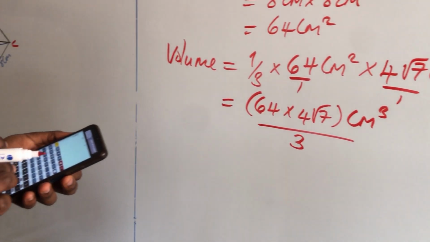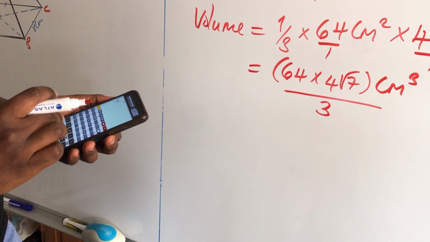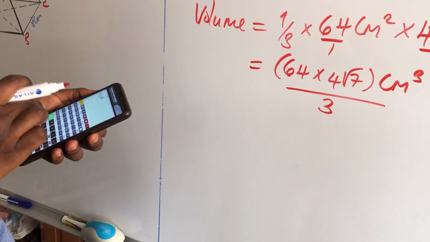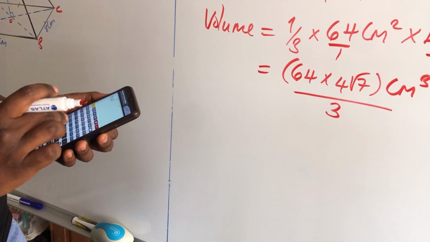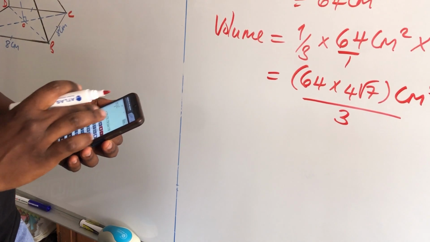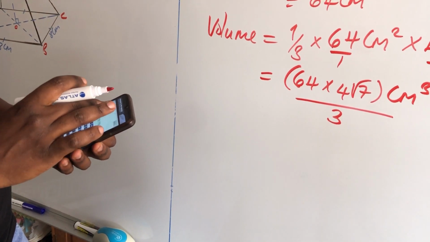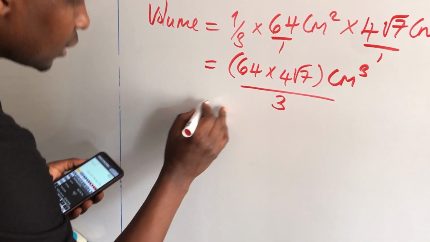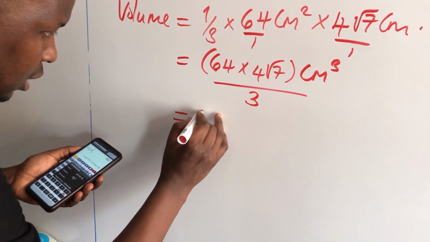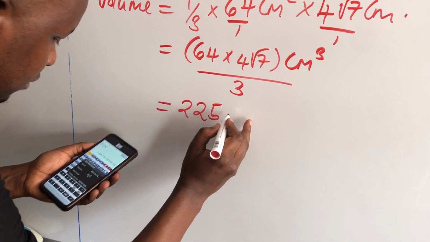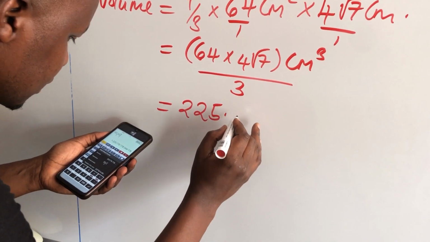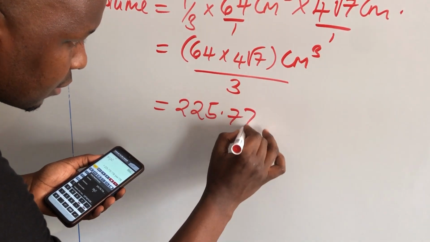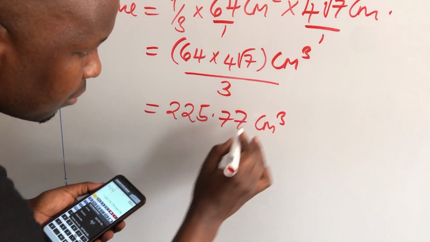So now we are going to simplify by calculator. Here we'll have 64 times 4 radical 7, now we divide by 3. So it equals 225.77 centimeter cubic.